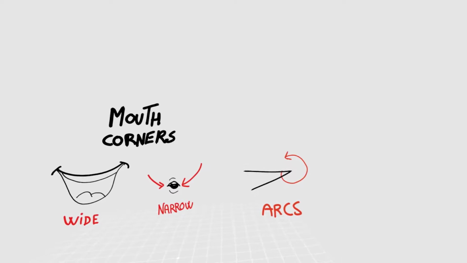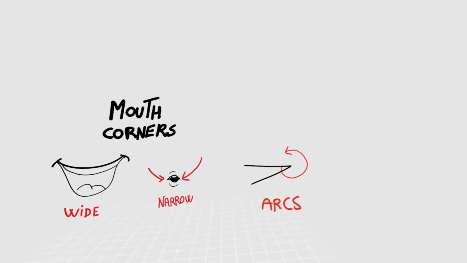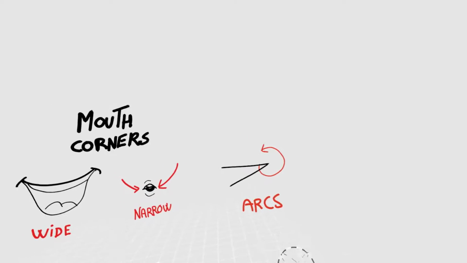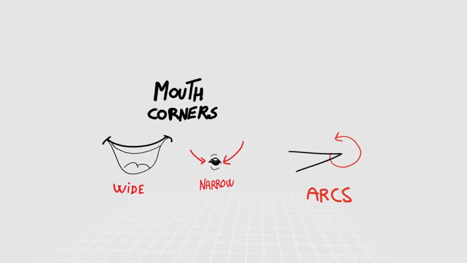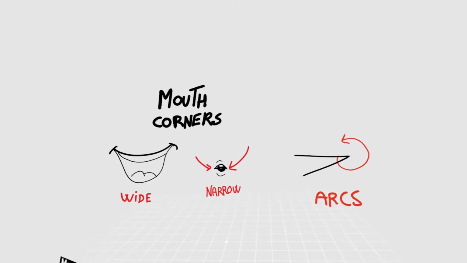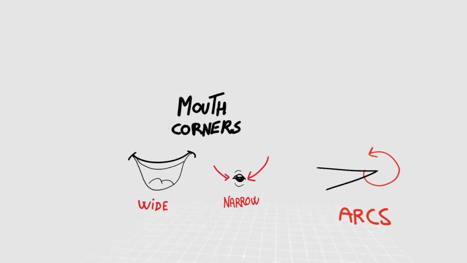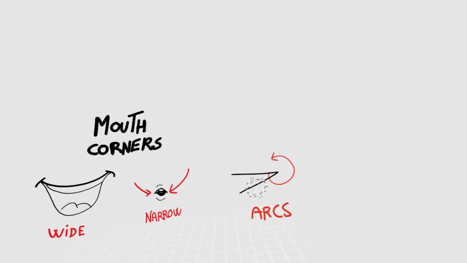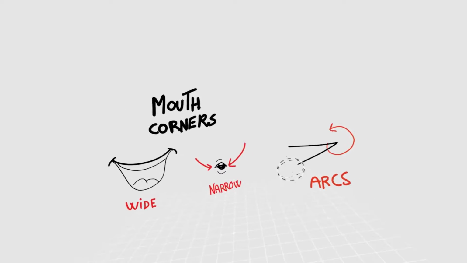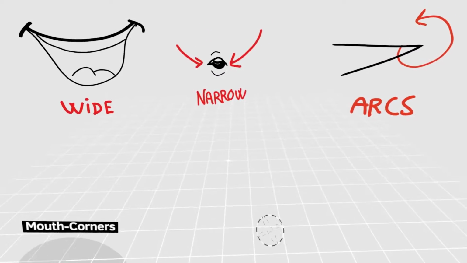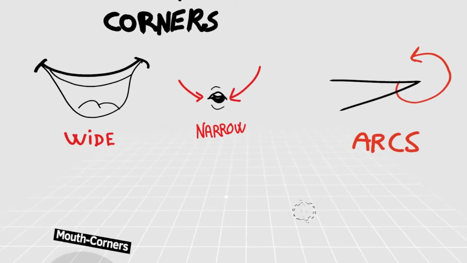When you animate any body part, it's normally a general rule to keep things more in an arc. But it's especially true when you do the lip sync, to avoid mouth corners moving in a linear fashion. And if you exaggerate that, it will be more visually appealing.